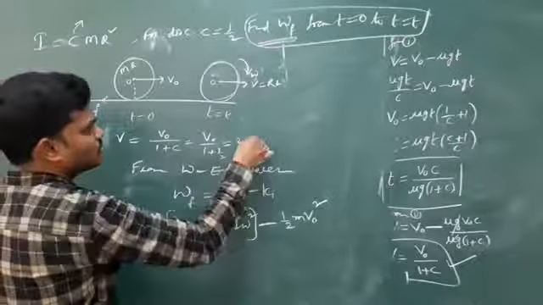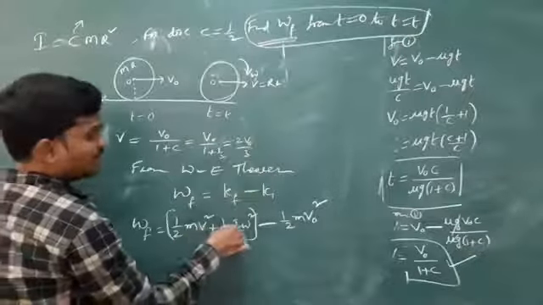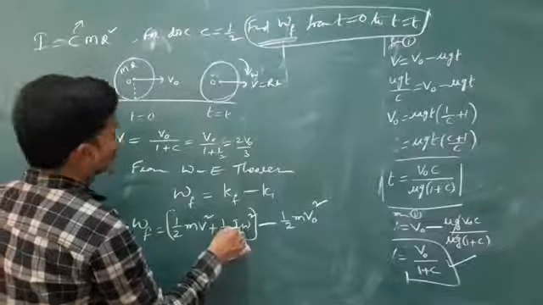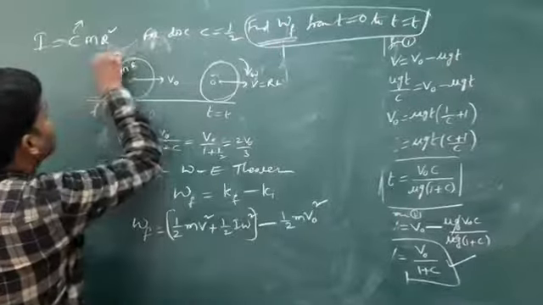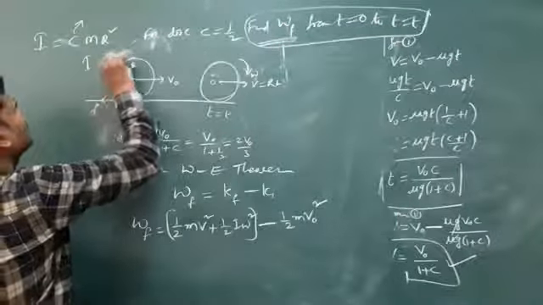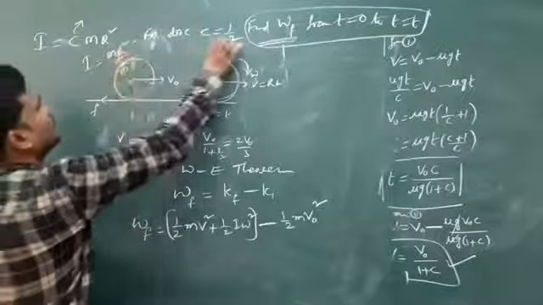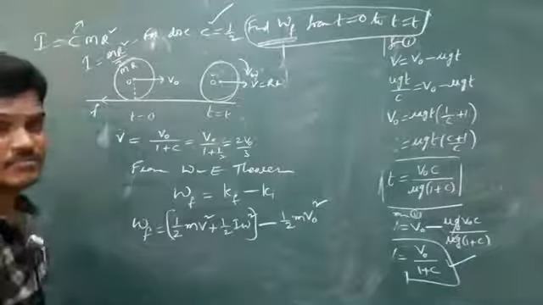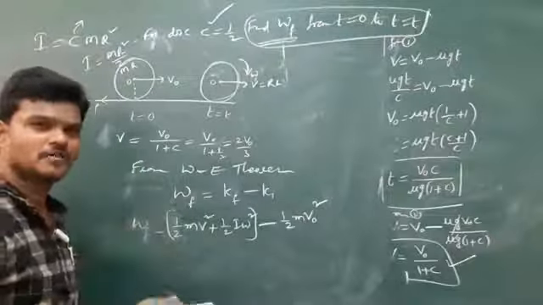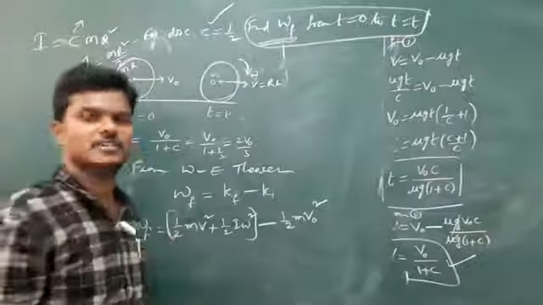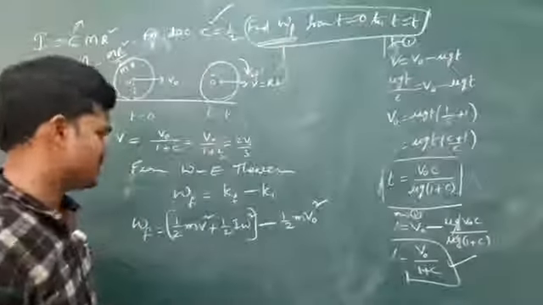Substitute the v value, 2v0 by 3. The I value, it is a disk, so mr square by 2. So I is equal to mr square by 2 because I am calculating for a disk. You verify for a solid sphere, hollow sphere, all the given objects, and you will get different answers.